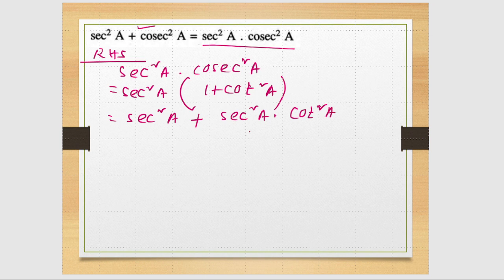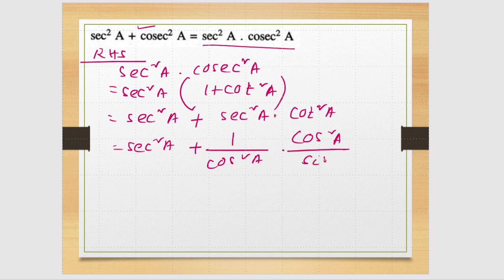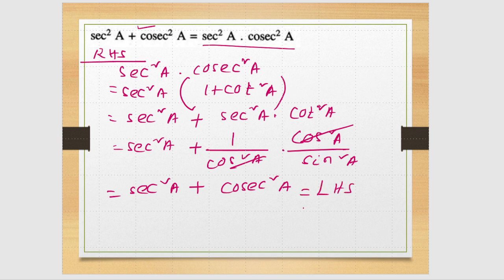Okay, so now I think we will convert them into sine and cos, and let's see what comes. Sec²A plus 1 by cos²A into cos²A by sin²A. Cos²A cancels. So what came? Sec²A plus cosec²A, which is your LHS, and this is proved.